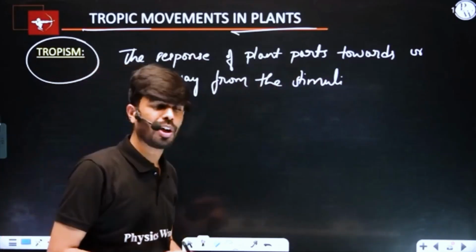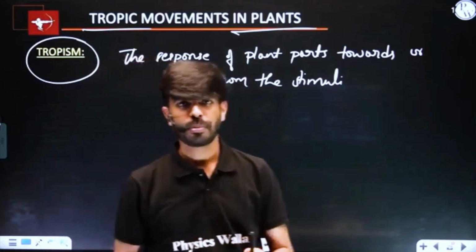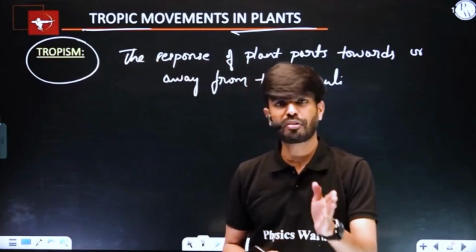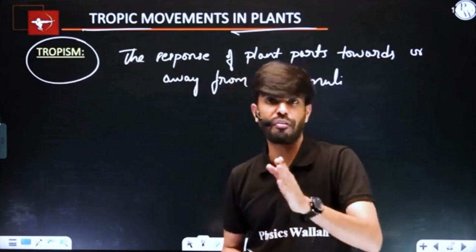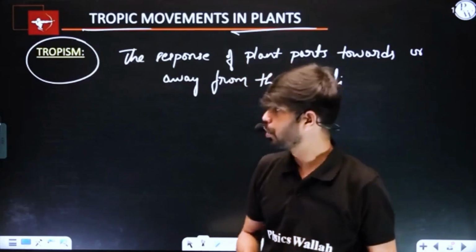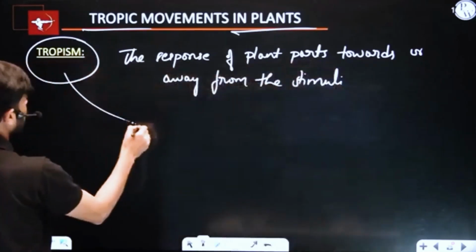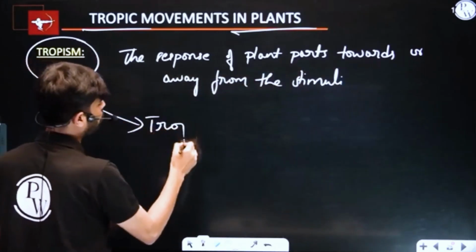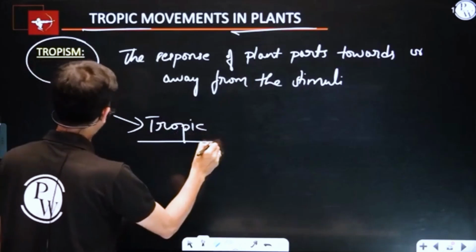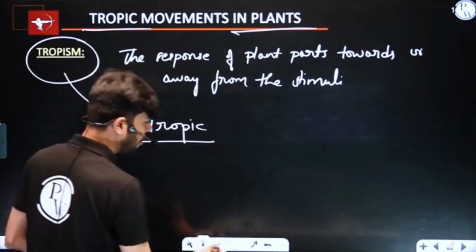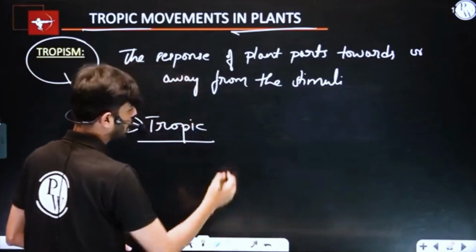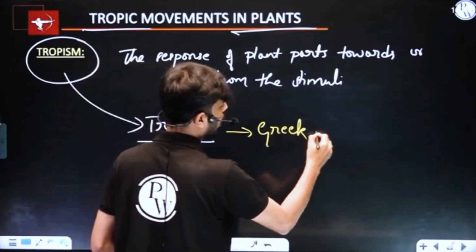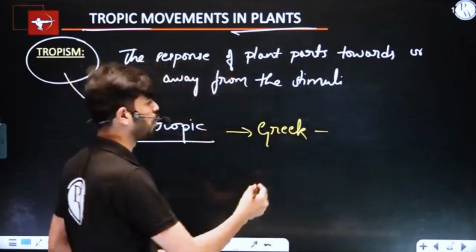So one more question, what is tropism? Tropism is the movement of plant parts towards or away from the stimulus. Understood? Now, in this particular word tropism, there is a word called tropic. The word tropic in tropism is derived from a Greek word called tropos.